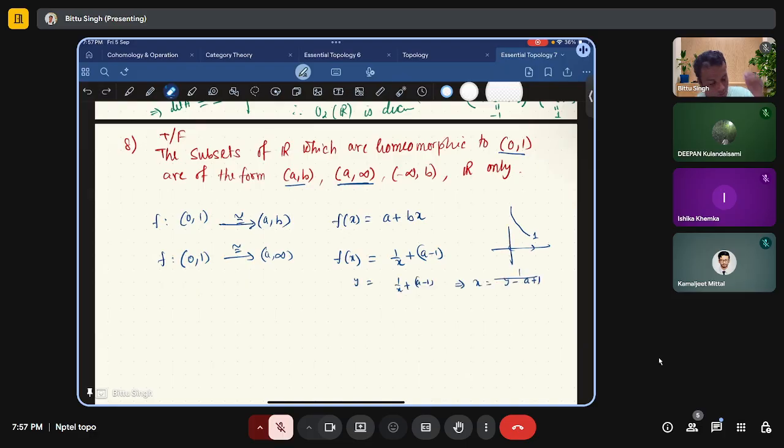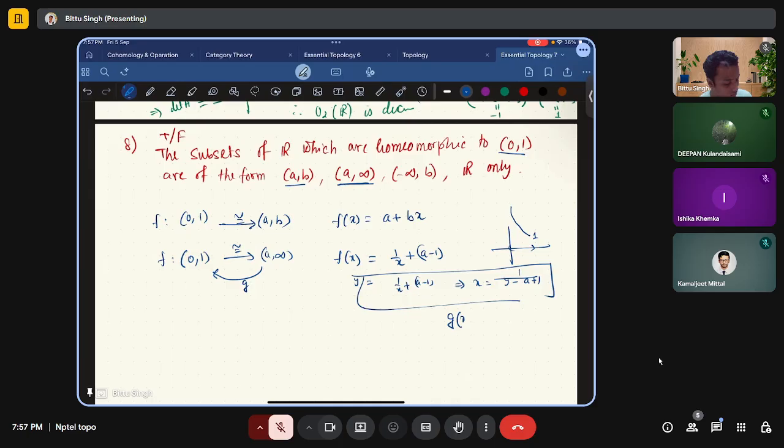I was checking the domain and range. So the reverse map will be given by this equation. G of y equal to 1 by y minus a plus 1. Okay, this is the inverse map.